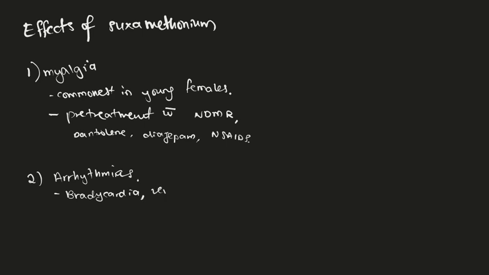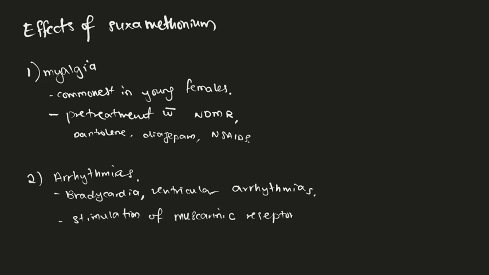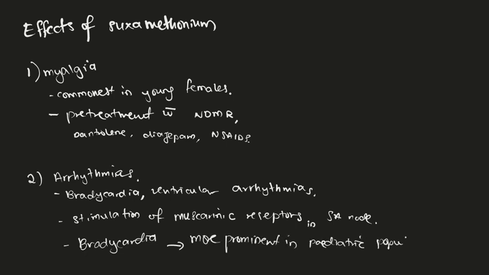Commonly seen are bradycardia and ventricular arrhythmias. They come about because of the stimulation of the muscarinic receptors found in the sinoatrial node. The bradycardia is more pronounced in the pediatric population, and also following a large second dose of suxamethonium.